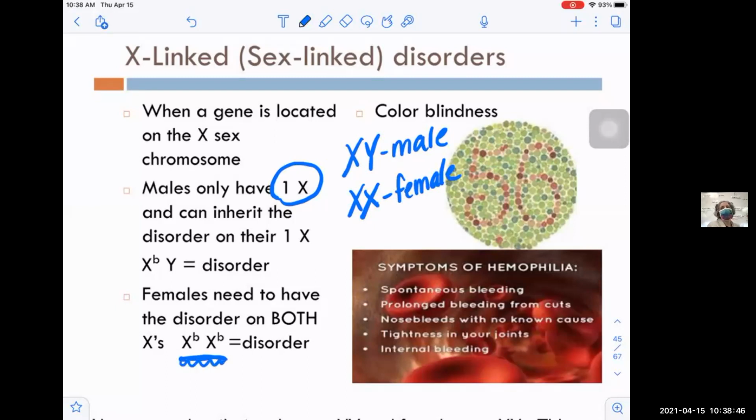So it's more uncommon in females to have an X-linked trait because, first of all, these traits are rare on their own. And then it's rare to have a female that has both her X's affected. She has to have a father who has the disorder because he has to give his affected X to his daughters. And then his mom either has to have it or be a carrier. She has to be heterozygous for it.